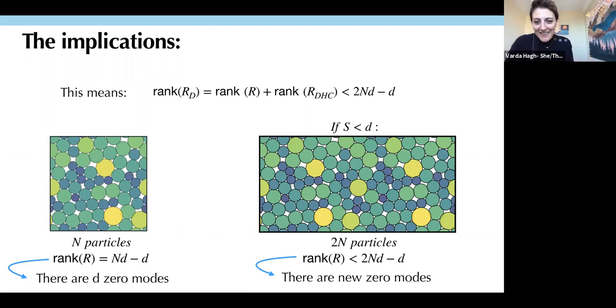They would always exist because of the role the rigidity matrix plays in these systems.